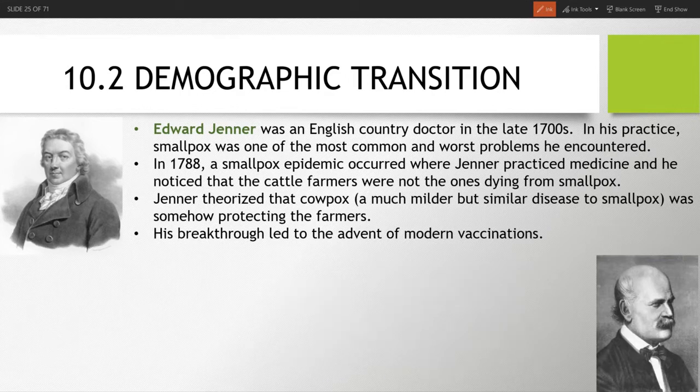It's almost as if they were excluded from the epidemic somehow, and he wanted to find out why.